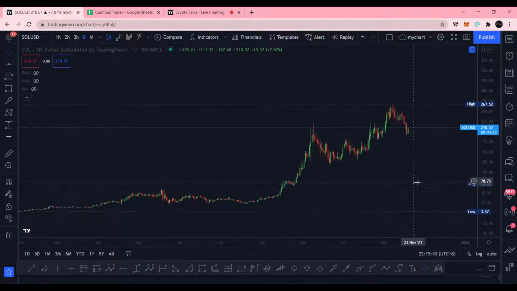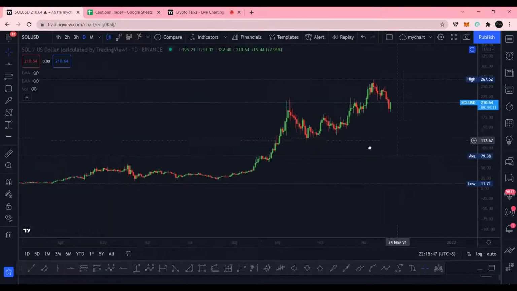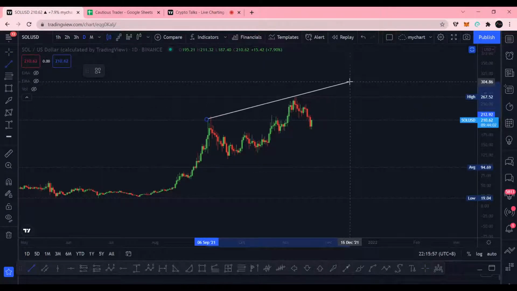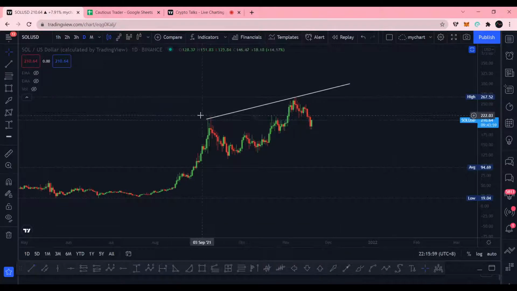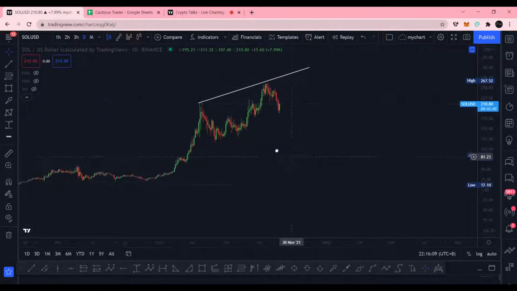So we'll just use as much as possible the basic SNR. So we can use this trend line, so at least 2 points. But of course, the more points, the stronger it will be. I'm using the wick as long as this is not a very material wick.